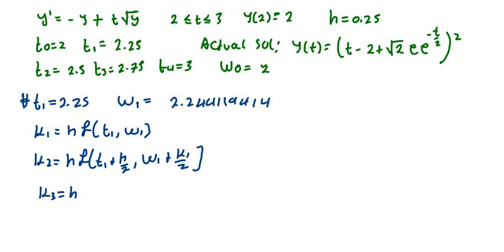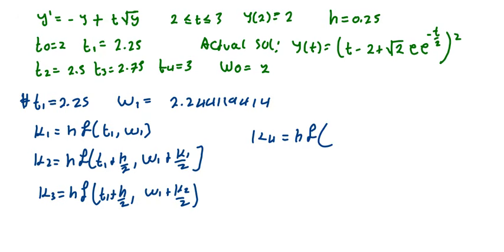K3 will be equal to h times f of t1 plus h over 2 comma w1 plus k2 over 2. Our k4 is just going to be equal to h times f of your t1 plus h that you already have, so you have your w1 plus k3, okay, plus k3 there.